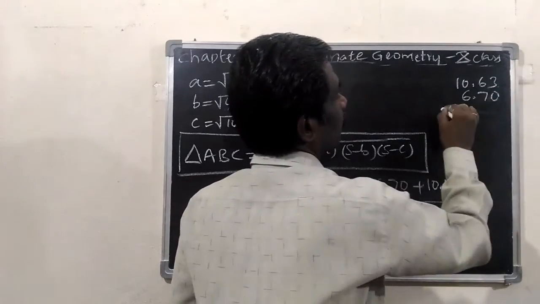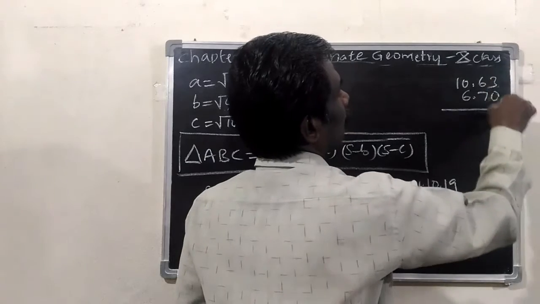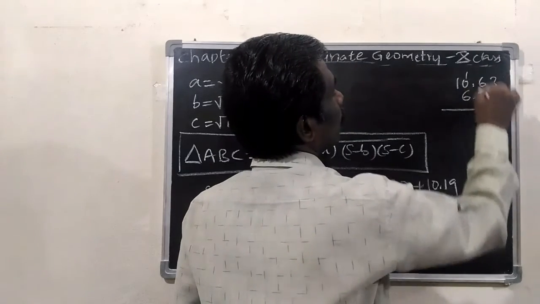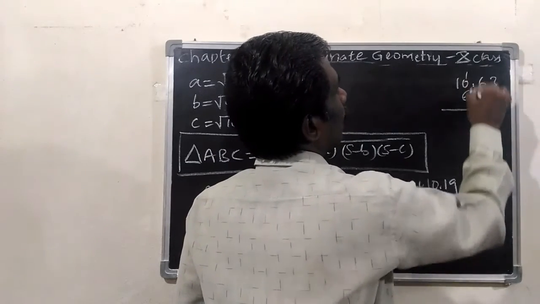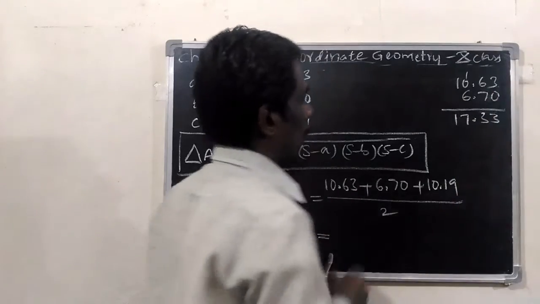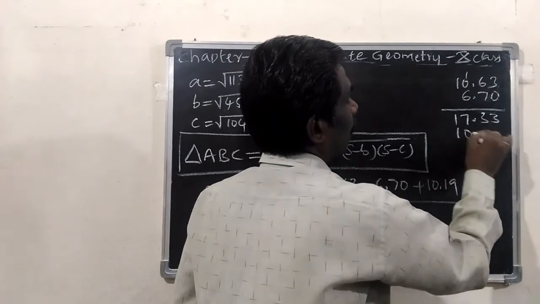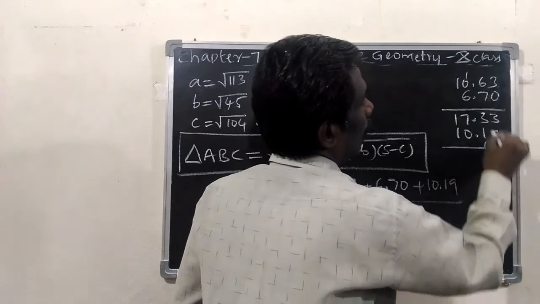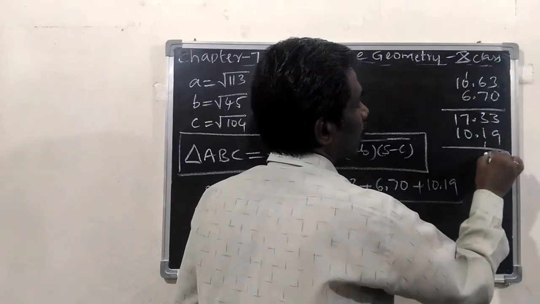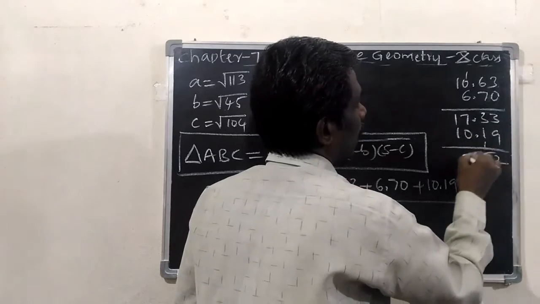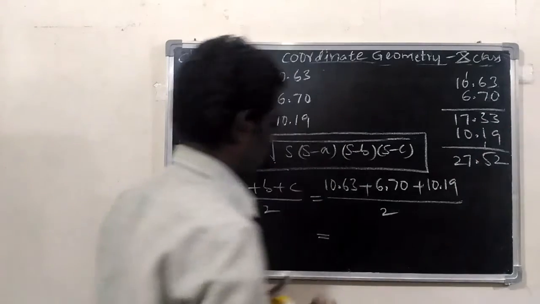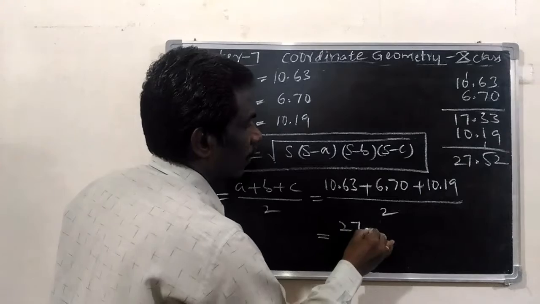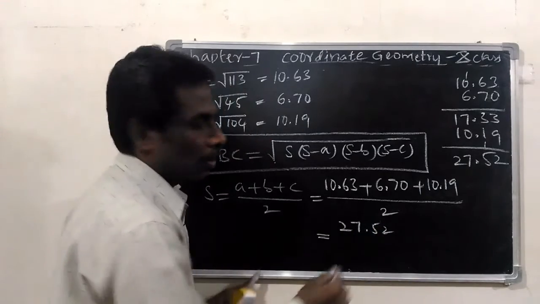First I am adding the first two: 10.63 plus 6.70 is 17.33. Then again adding 10.19 gives 27.52.